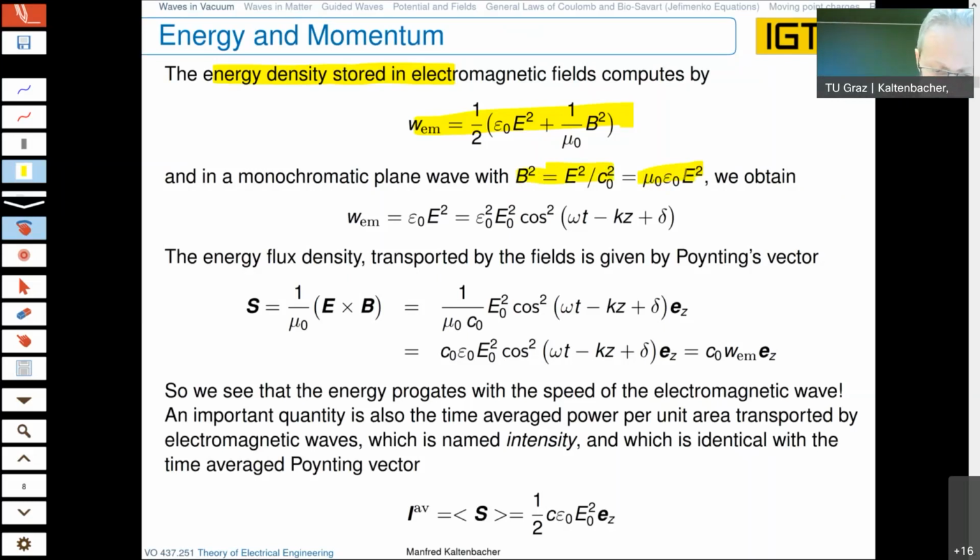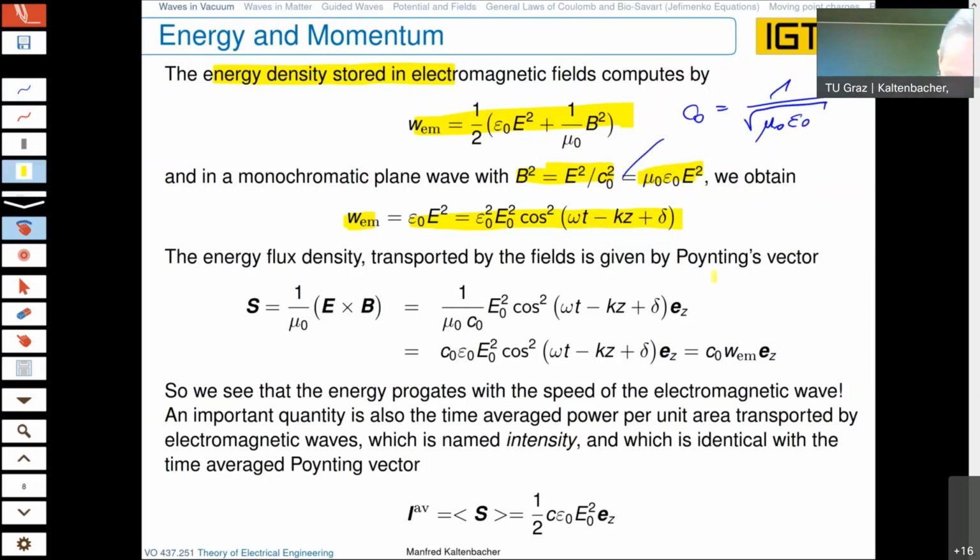And why do we do it? Because we want to see that the electromagnetic energy can be expressed here now in time domain by the electric field itself and our permittivity. We know that, perhaps I write it here, that c0 is one over the square root of permeability and permittivity of vacuum.